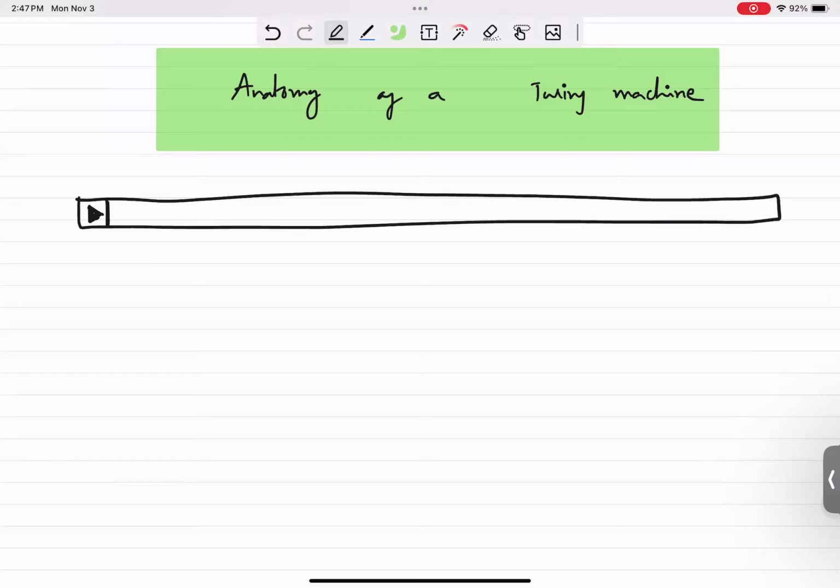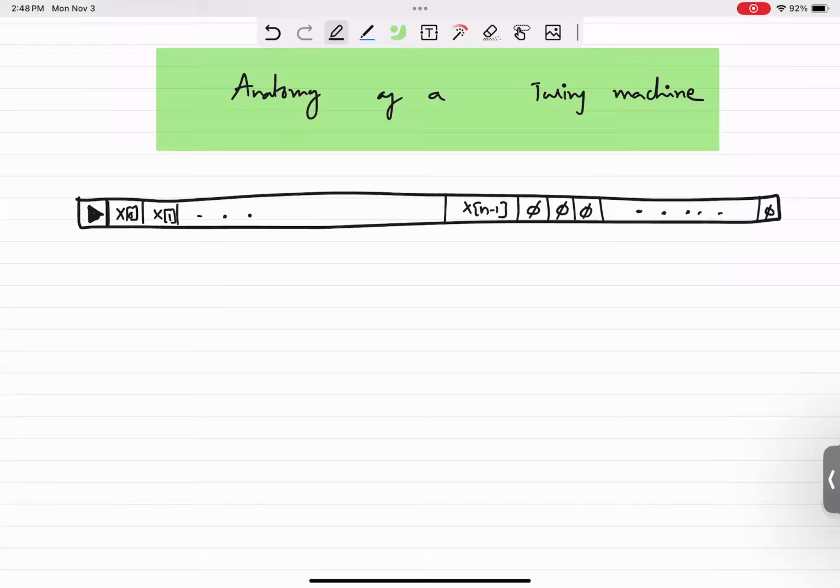And the tape comes loaded with the input that we are processing. It's a very long array, and it starts off with the input written on it, and then everything else is empty. Really think of it as cells where the first n cells are where the input is written, and after that, nothing is. Makes sense?